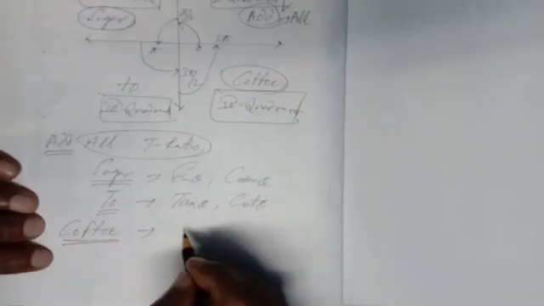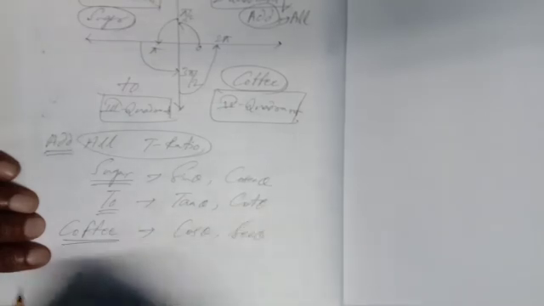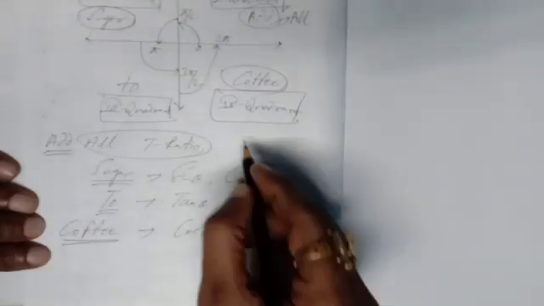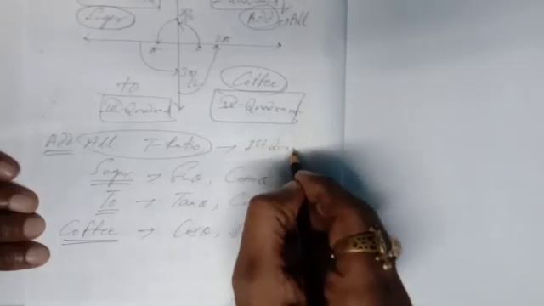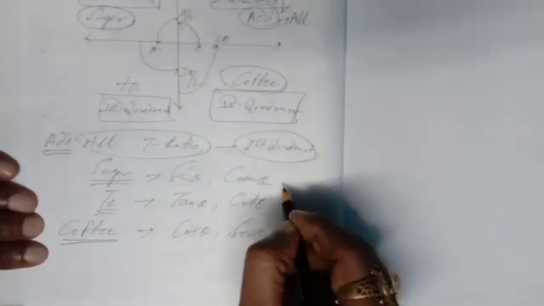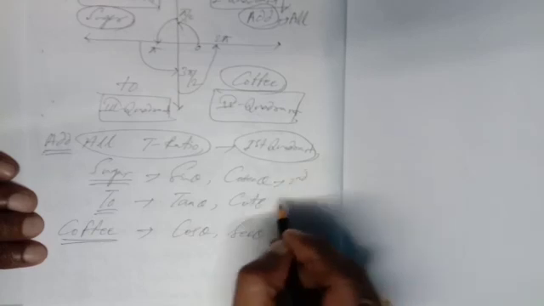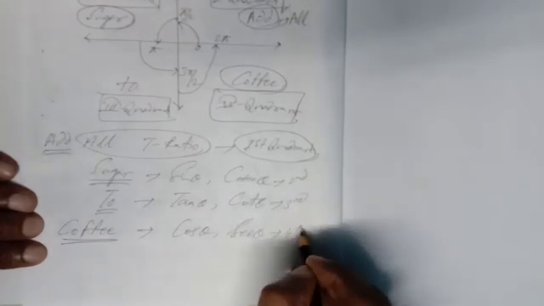Add sugar to coffee. And here coffee means cos theta and its reciprocal, sec theta. So all positive is in the first quadrant, this is the second quadrant, this one is third, this one is fourth.